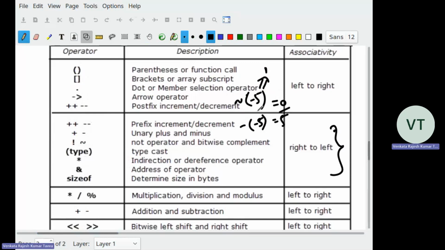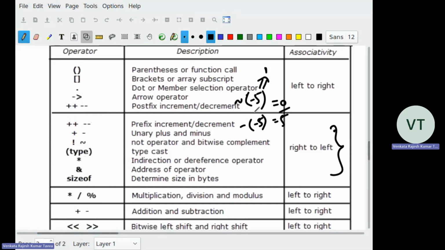So this minus 5, first you represent it in binary. How will you represent minus 5 in binary? It is an 8-bit integer. If you use integer, then it will use all 32 bits. If you say char, then it will use only 8 bits. So complement of minus 5 in char will be 253.